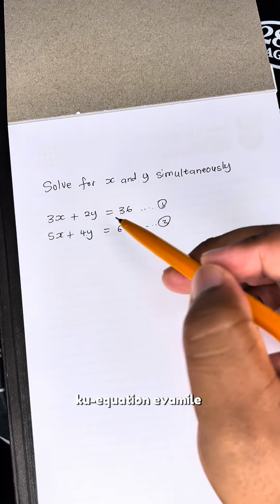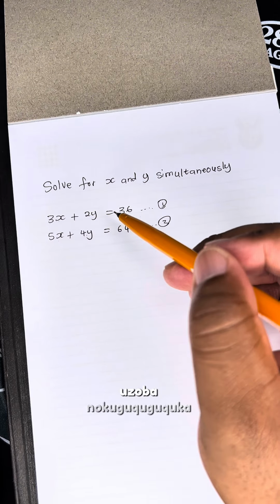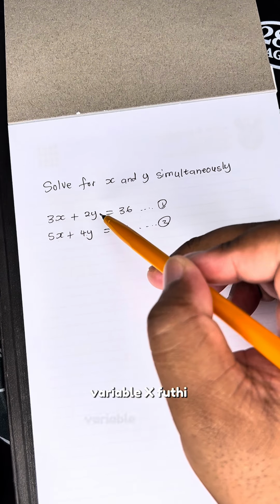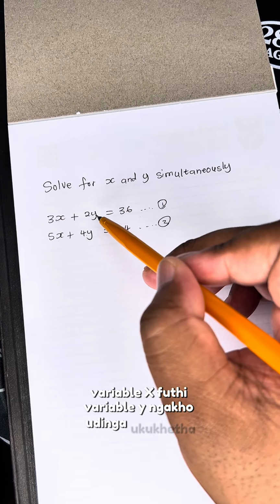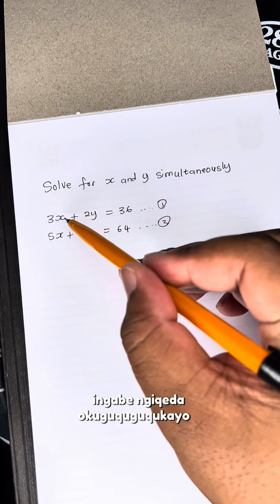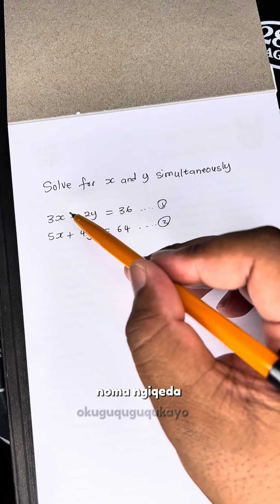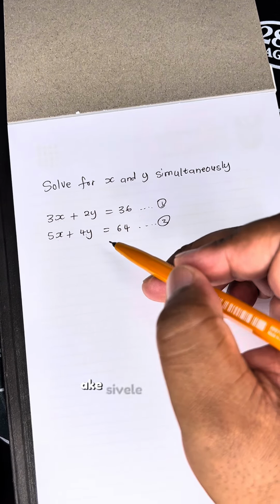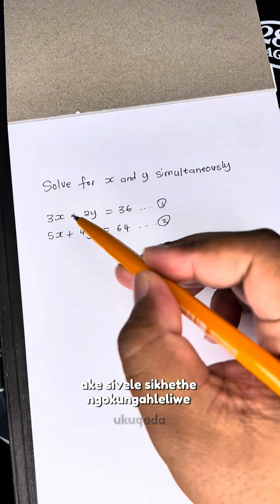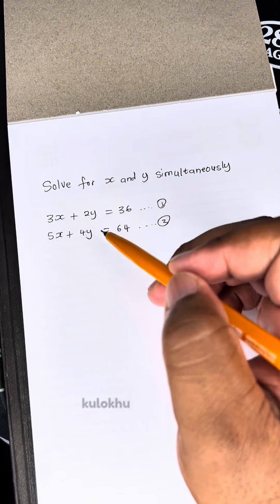In a normal or standard equation, you'll have two variables, variable x and variable y. So you need to choose, am I eliminating variable x or am I eliminating variable y? Let us just randomly choose eliminating variable x in this case.